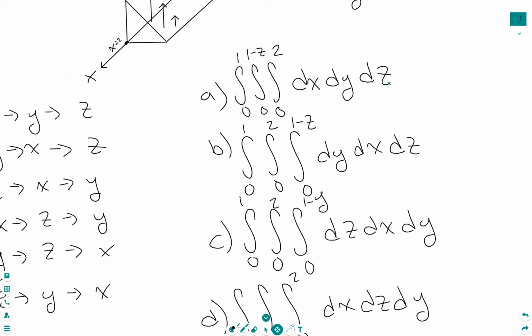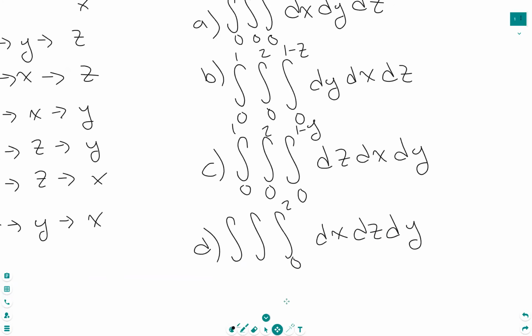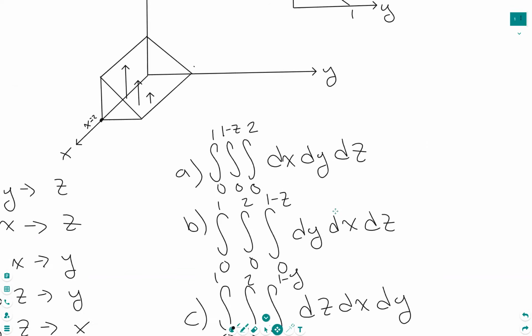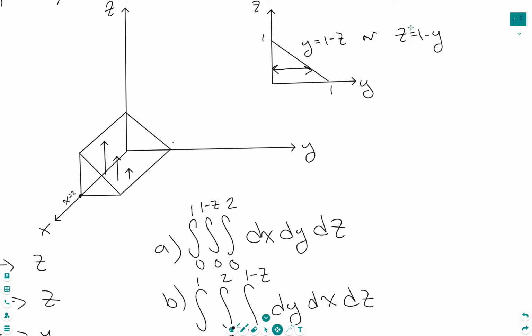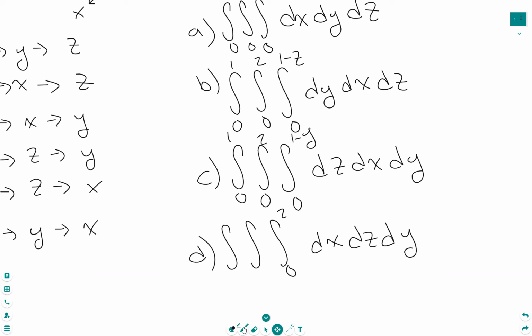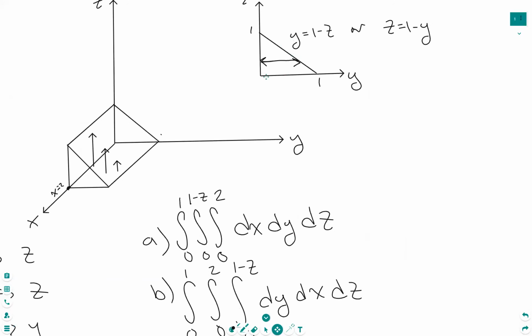But now instead of doing dy dz, we're doing dz dy. In this case, z is going from z equals 0 up to this line. And this is when we'll use z is equal to 1 minus y. So this goes from 0 to that line, 1 minus y. And then dy goes from 0 to 1. Right? That's the range of those traces. So for our triangle here, we're going from 0 to 1.